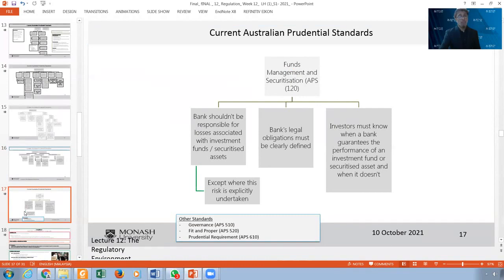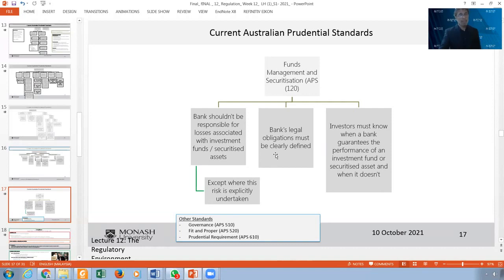We have also 120. 120 is related to management and securitization. It has to be clear that when banks issue and have a special purpose vehicle and they send the loans, they are not responsible for it, unless exceptionally, because people start to buy those securities from a special purpose vehicle and they think it's the bank.